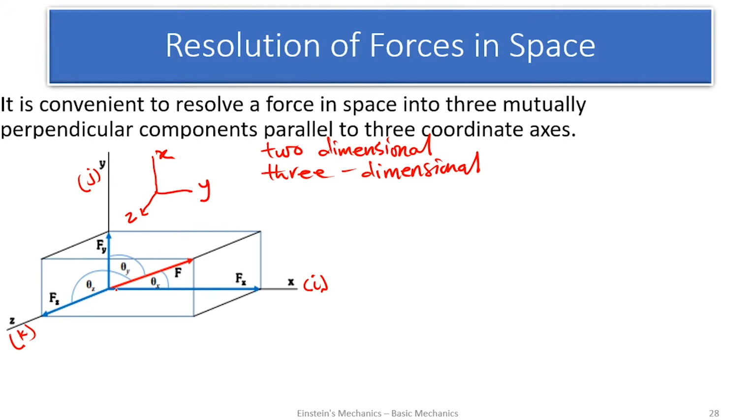So how do we go about this? What we see is that this force F makes an angle theta x with the x-axis, and this same force makes an angle theta y with the y-axis, which is the j, and the same force makes an angle with the z, which is theta z.